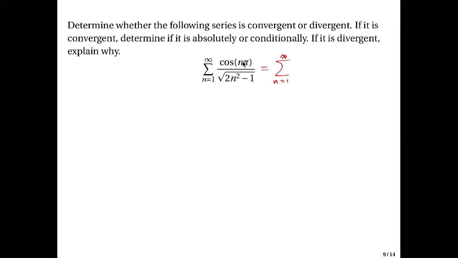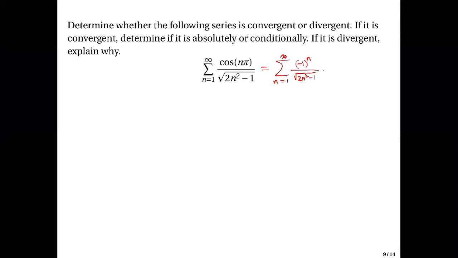Cosine n pi is just negative 1 to the n. Take note, when n equals 1, you have negative 1 here, and negative 1 raised to 1 is still negative 1. On the denominator, you have square root of 2n squared minus 1.